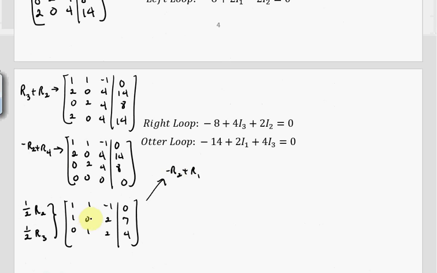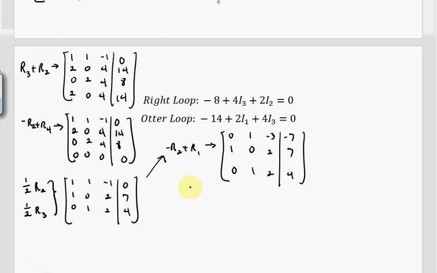Well, there's a 0 already here, so I want to just take advantage of that 0. So now I can swap out rows 1 and 2.